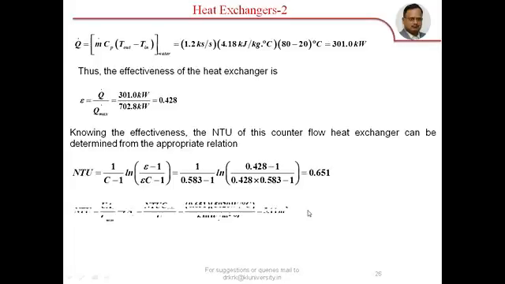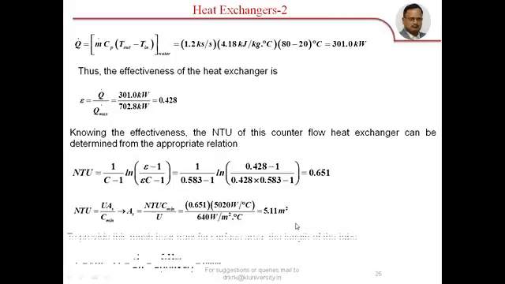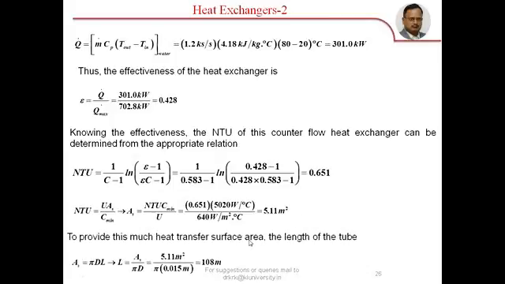You will get 0.651, and NTU is UA by C minimum. Therefore, area is 5.11 meters square, which is equal to pi d L. So you will get the length of the heat exchanger as 108 meters.